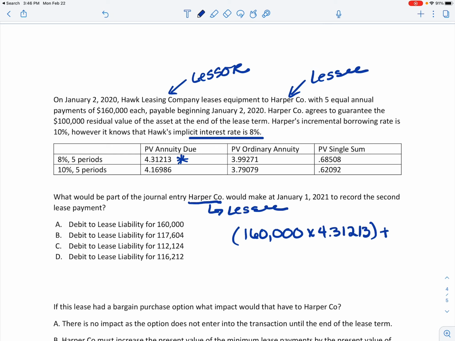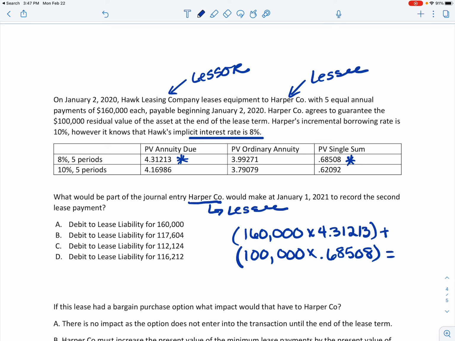Remember, we have this $100,000, but this we're only going to get one time. We're going to get it in 5 years. We're still using that 8% rate, so we're looking at 0.68508.